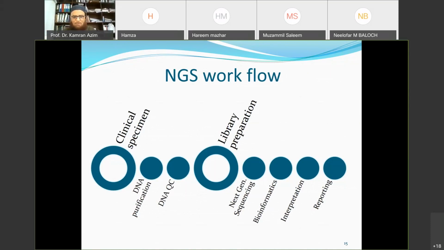The important step is library preparation, which is basically end repair, as I mentioned before, and adapter ligation, along with some other steps. After that, sequencing is carried out in the sequencing machine, and when the sequence data is generated, a lot of bioinformatics is involved in order to analyze the data.